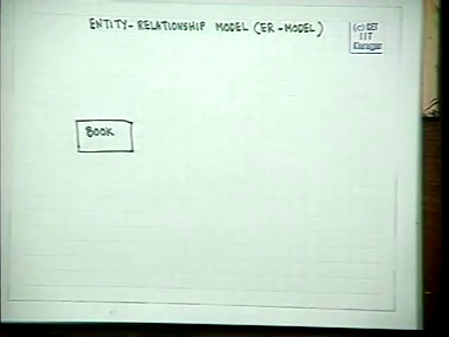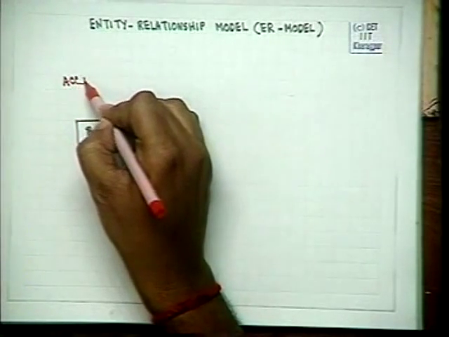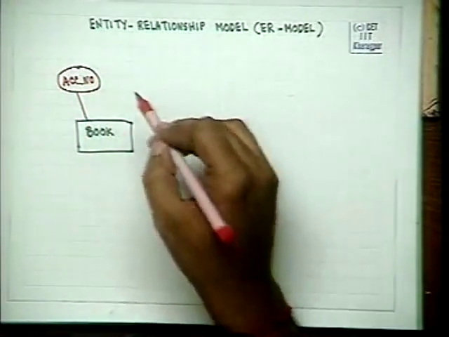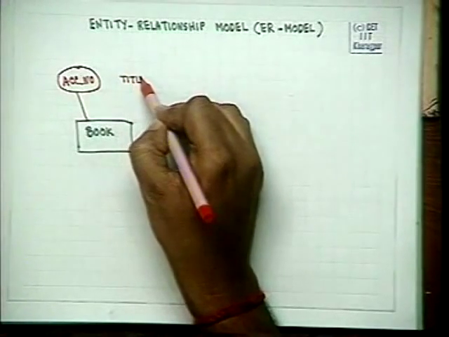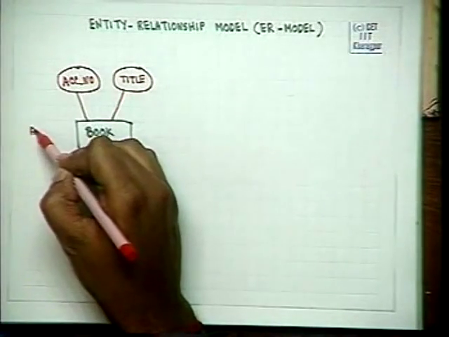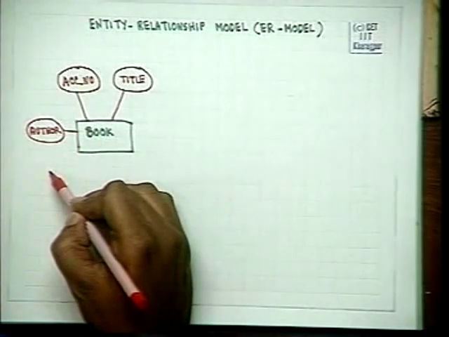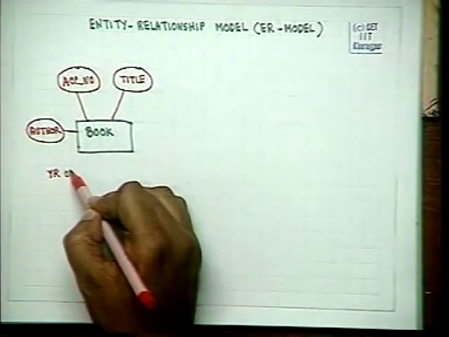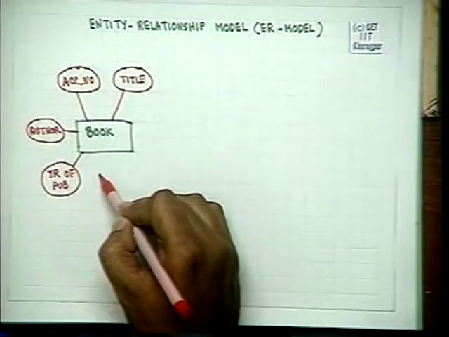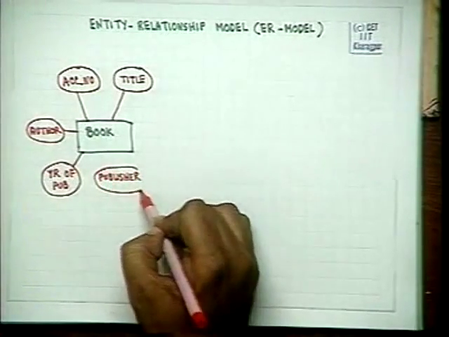For a book, we can have several attributes, and those who have seen a library know that for a book, one of the attributes is the accession number, another attribute is the title, a third attribute may be author, a fourth attribute may be year of publication, a fifth attribute may be publisher, and you may have several other attributes, price, etc.